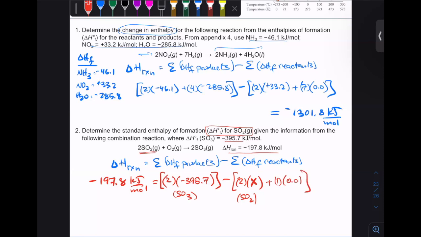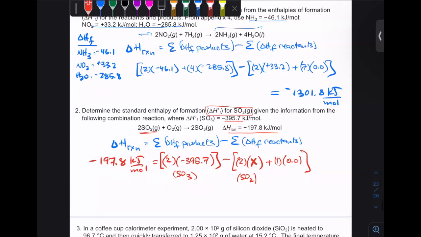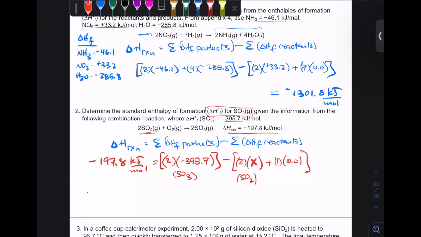So algebraically, this still distills down to a pretty simple problem. All right, the challenge is figuring out how to set this up and solve for the correct unknown. So algebraically, now this just becomes negative 197.8 is equal to whatever this is, 2 times negative 395.7 minus 2x, and you solve for x.